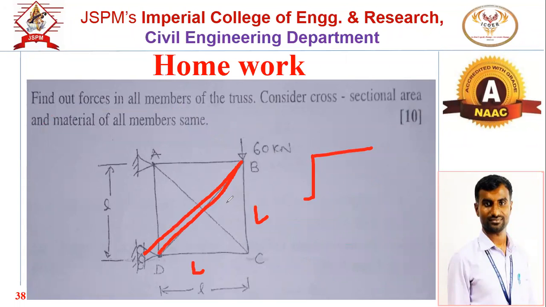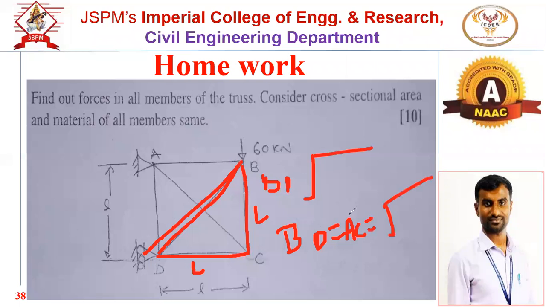If this is L, height is L, base is L, so this diagonal member BD, which is equal to AC, is equal to what? Yes, Pythagoras theorem, L square plus L square. So that will be 2L square. So likewise we have to find out the length.